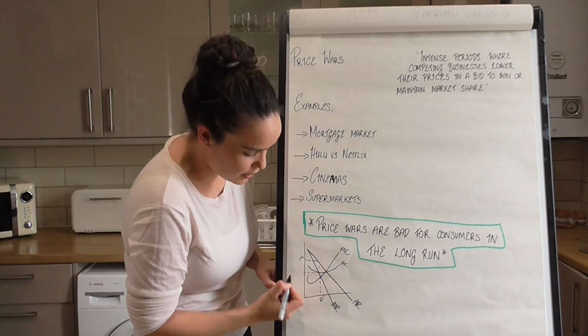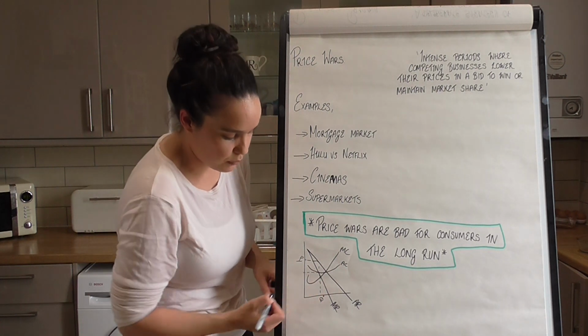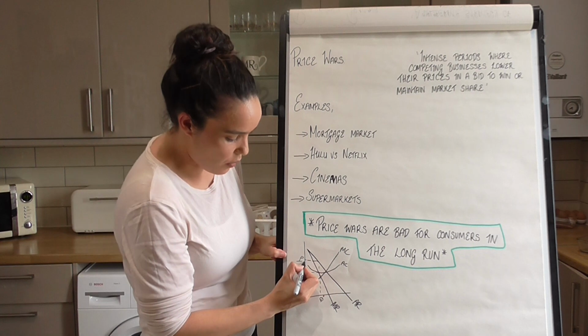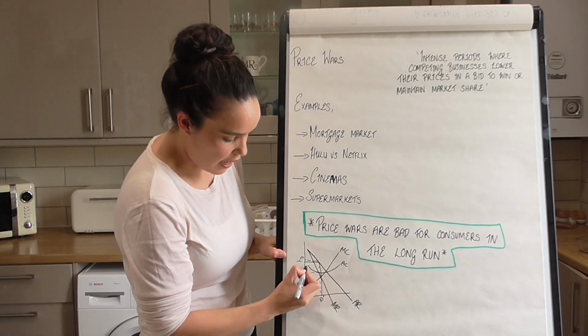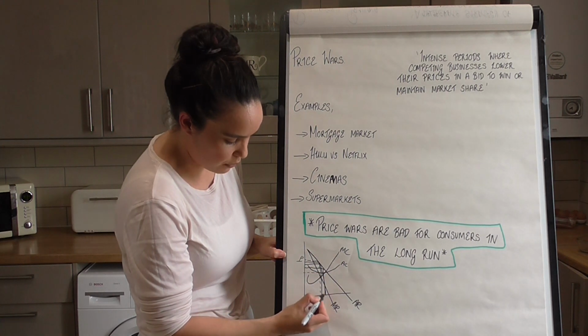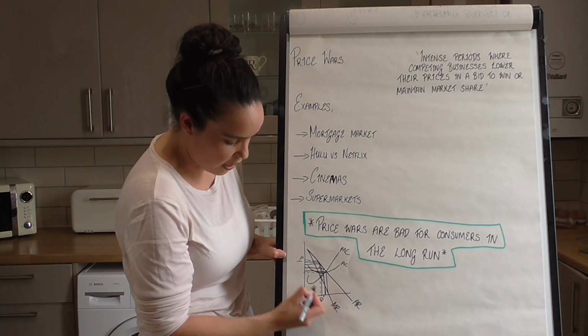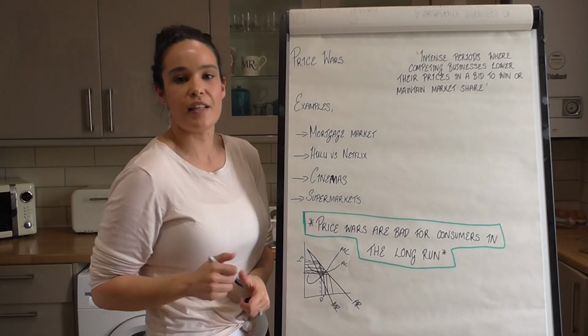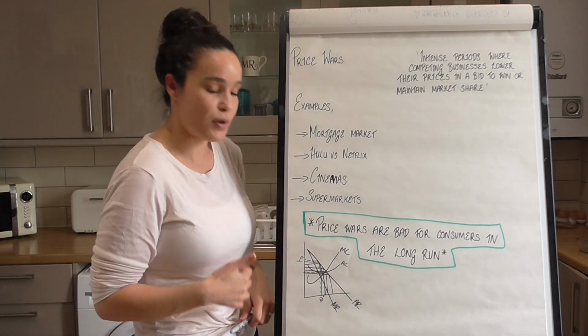This is your price normally, and this is your supernormal profit here. All the firm is doing is chipping away at that by lowering its price, lowering its price, and continuously lowering its price until it's chipping away its own supernormal profit.